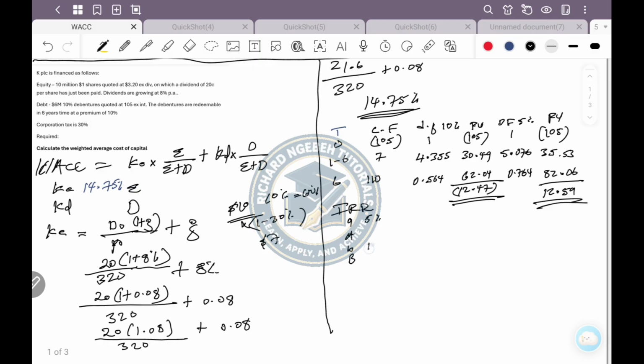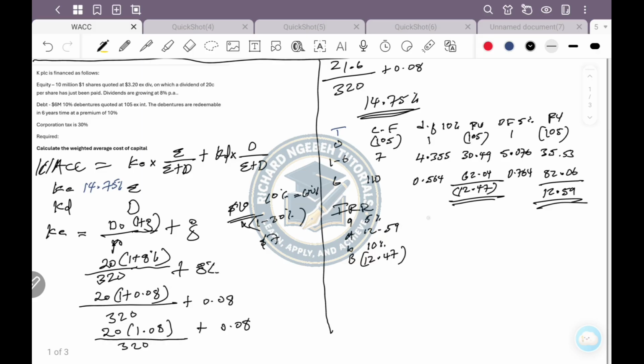Your higher rate is 10%. The net value of your lower rate is 12.59 positive, and the net value of your higher rate is 12.47 negative. So this is what you need to solve your IRR.